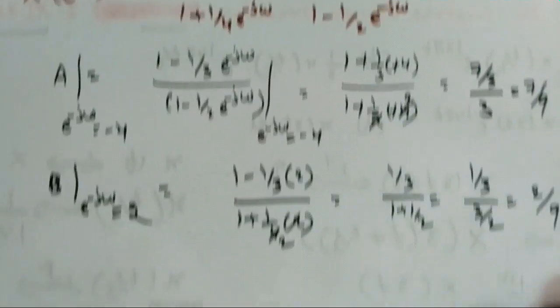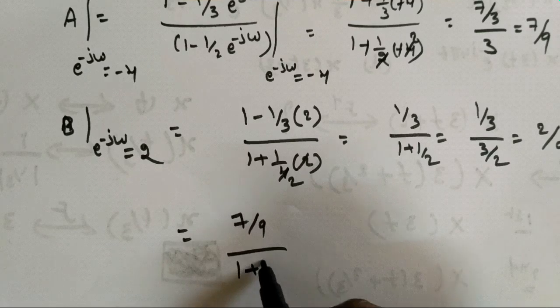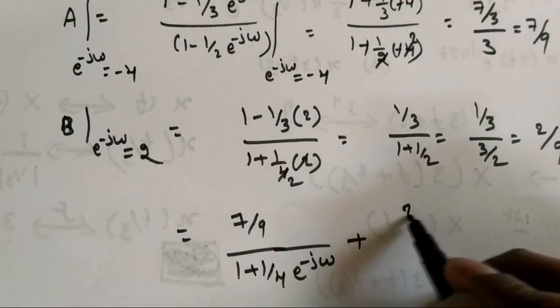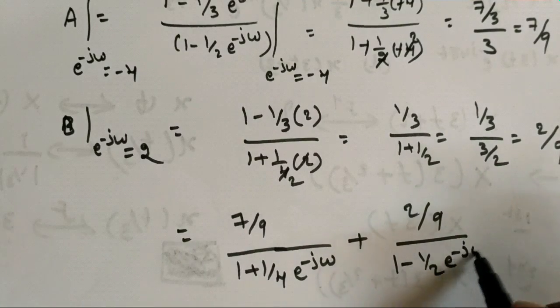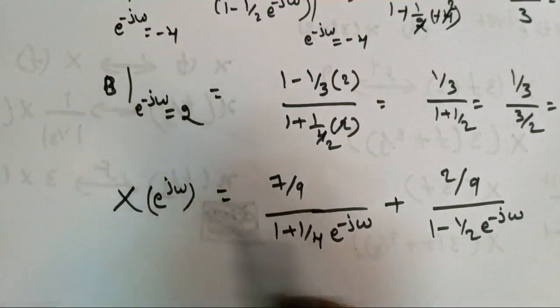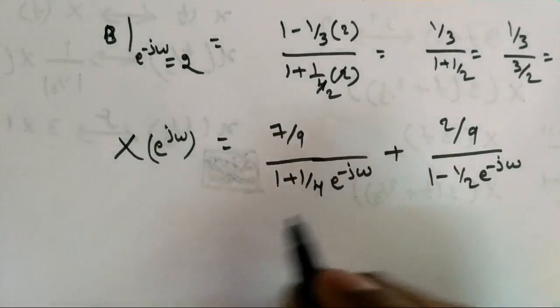If I substitute here, we'll get 7 by 9 by 1 plus 1 by 4 e power minus j omega plus 2 by 9 by 1 minus 1 by 2 e power minus j omega. This is X of e power j omega. Now it is simply in the form of 1 by 1 minus a e power minus j omega.